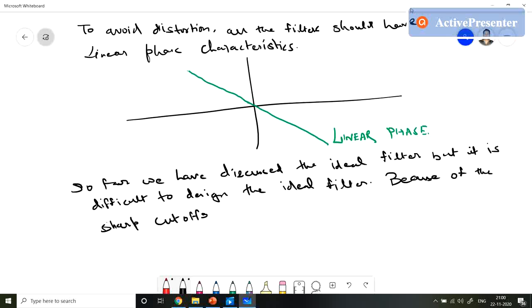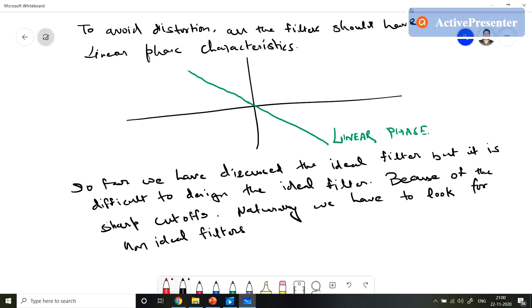So naturally we have to look for non-ideal filters.